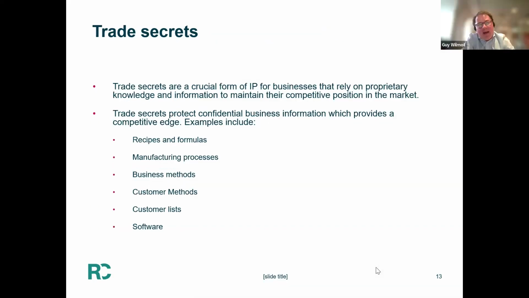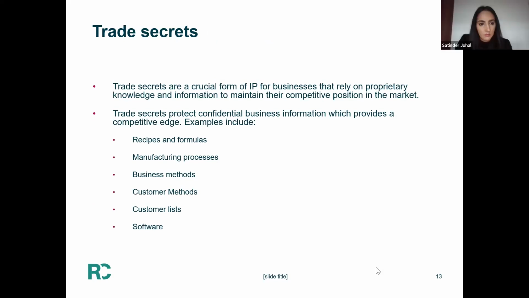I'm now going to talk about our final category of intellectual property right. And this is one of the most important, especially for startups and growing businesses. And that's the general area of confidential information, NDAs, those kinds of things.